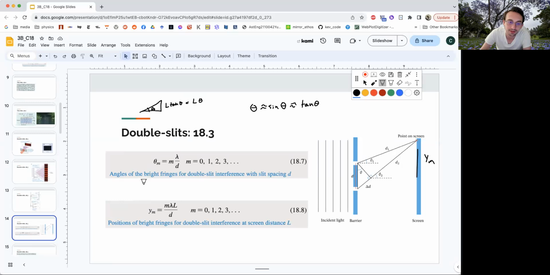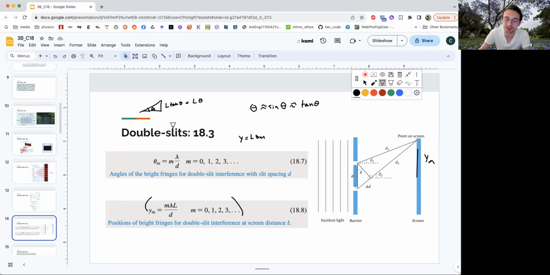So to get our y value, we just do L times theta m, and you can see that's what this formula is down here. We've just taken this theta m formula, m lambda over d, and multiplied it by capital L, the distance from the double slit to the screen we're projecting it on. So it's m lambda capital L over d. That's the only difference.